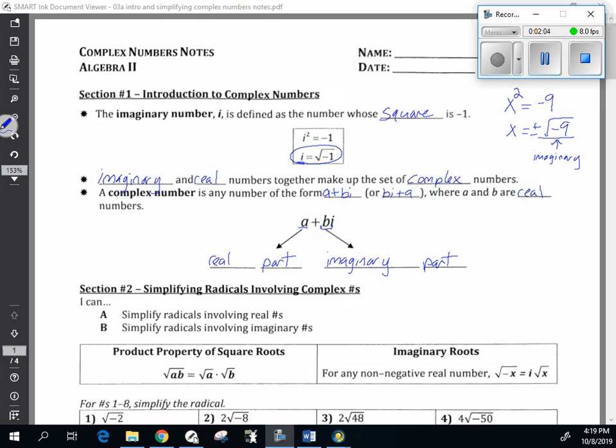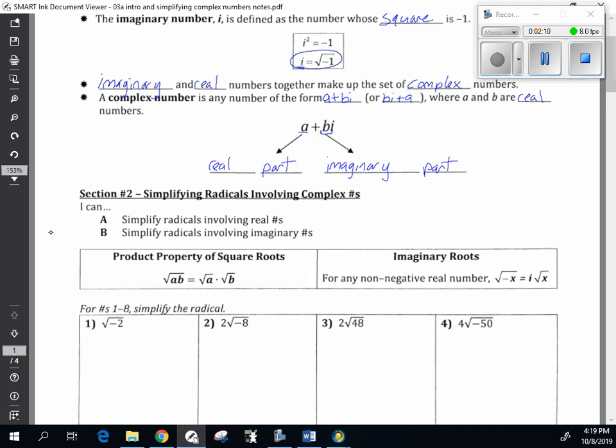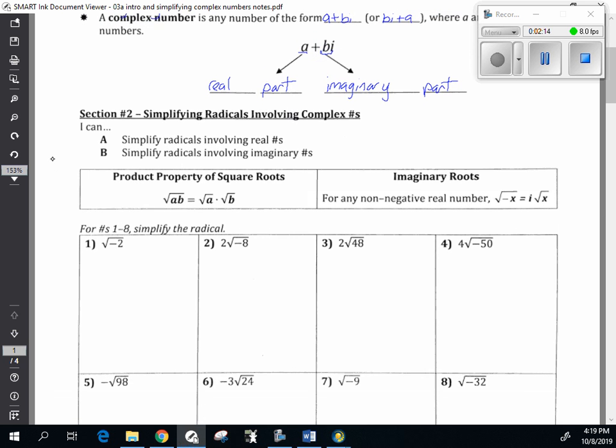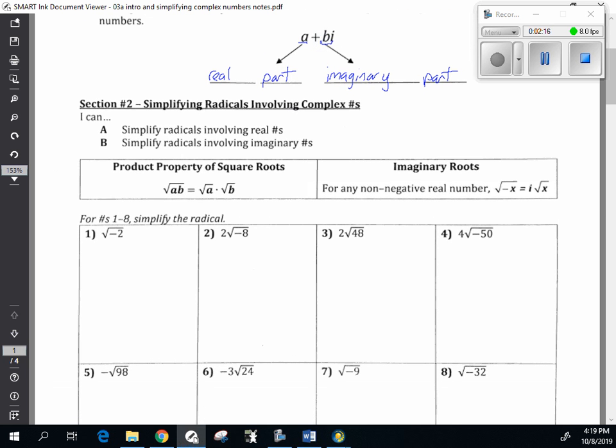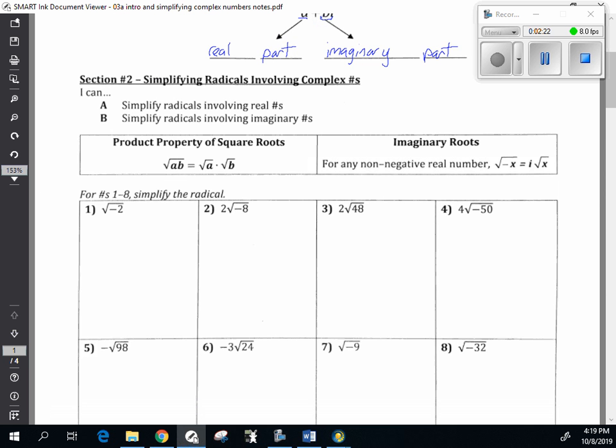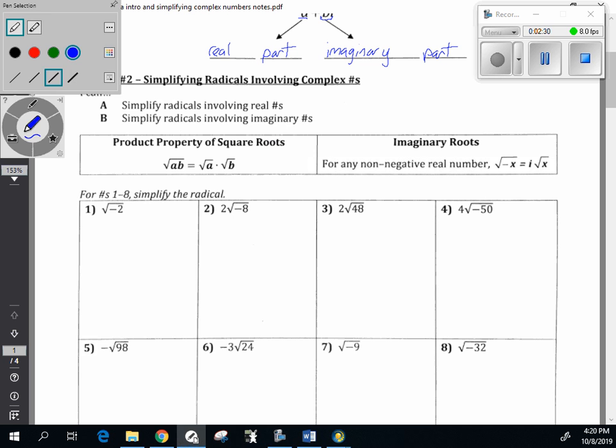Okay? So, if you had a good grasp of simplifying radicals, which we did earlier, if you watched the earlier video, then you'll be okay with simplifying these radicals involving complex numbers. So we already went through that when you simplify a radical, you break it down into its roots, okay?